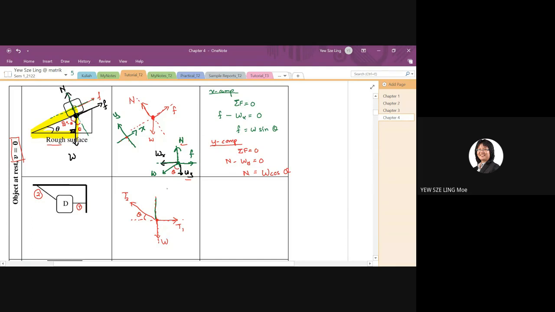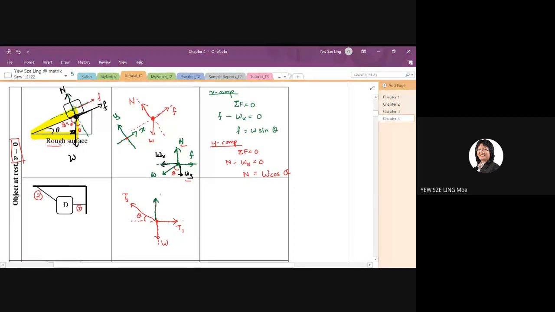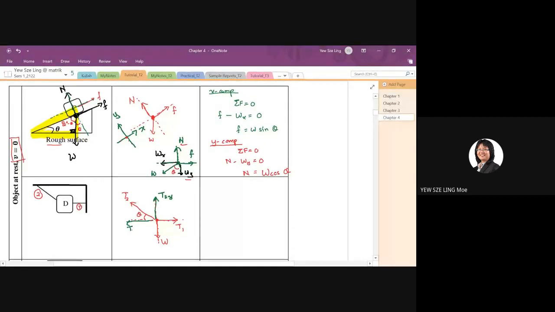So this is your T2 along the y component, and this is your T2 along the x component. T1, T2, and W you sketch with pen. T2x and T2y you do with a pencil.